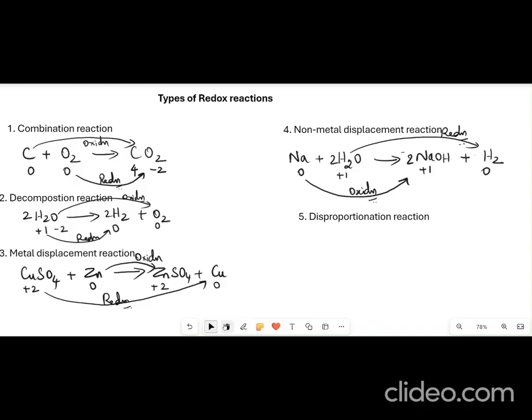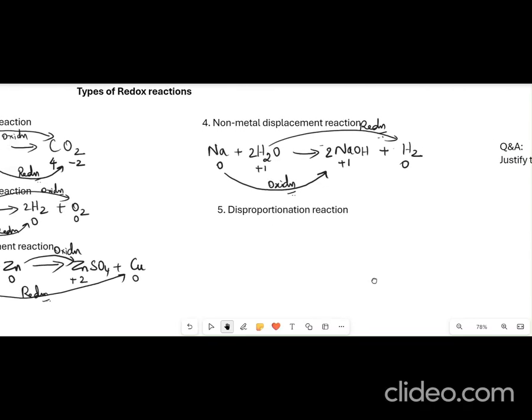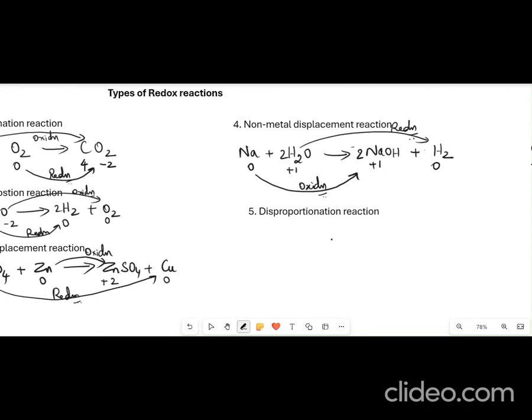So let's understand what disproportionation reaction means. Here, if there is simultaneous oxidation and reduction of the same element, we call that a disproportionation reaction. For example, hydrogen peroxide, on decomposition, forms water and oxygen.